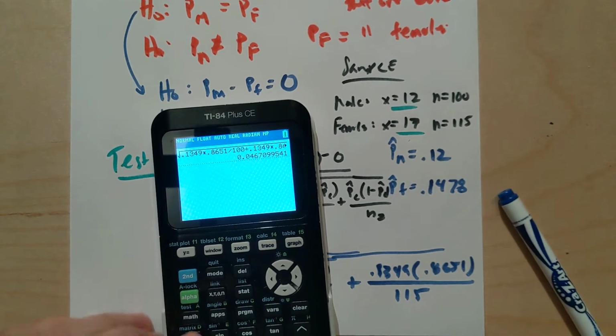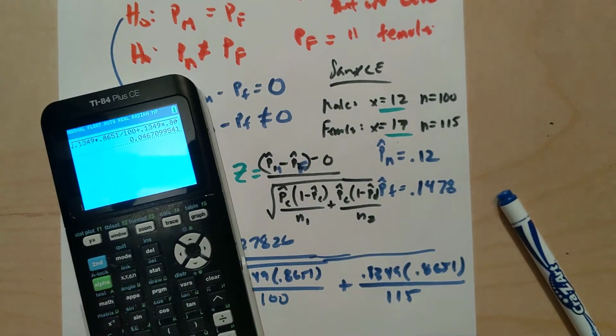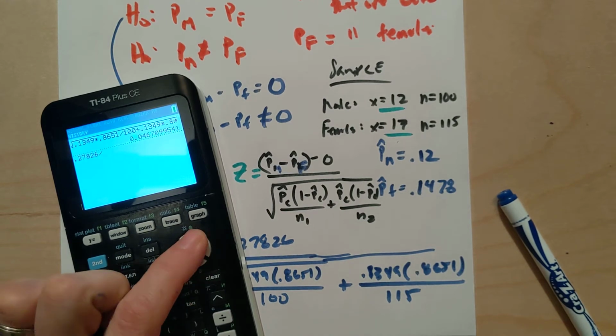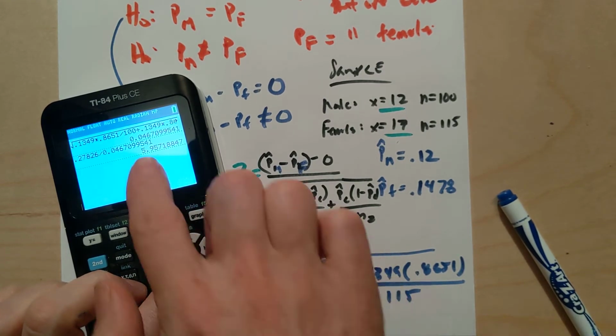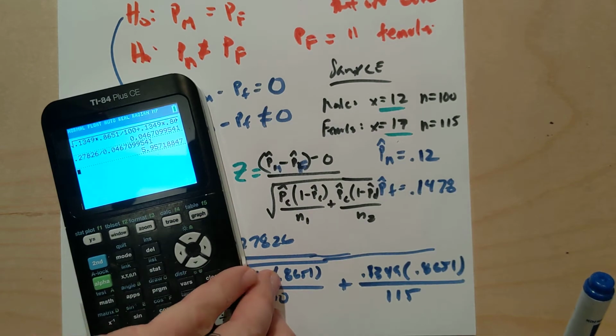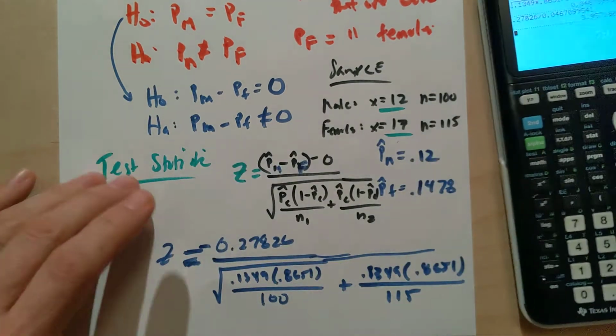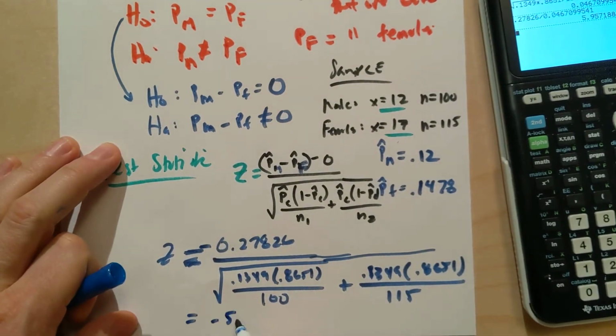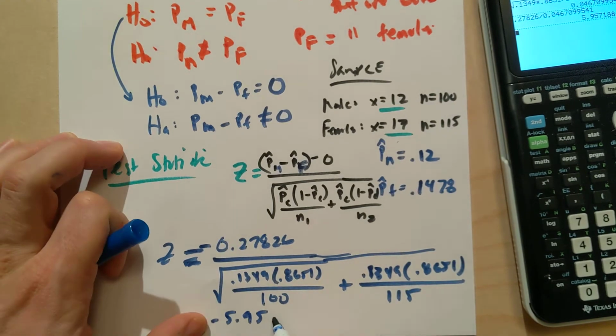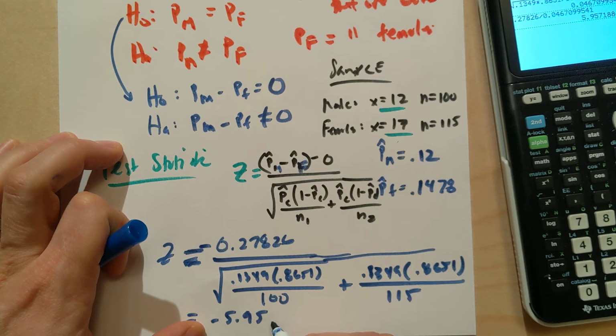I'm just going to take my old numerator, 0.27826, and divide that by this. Remembering that it was negative, I got negative 5.957.